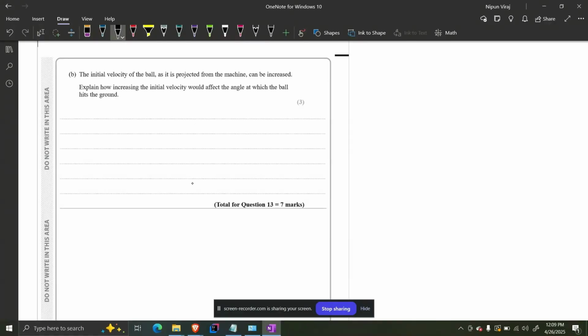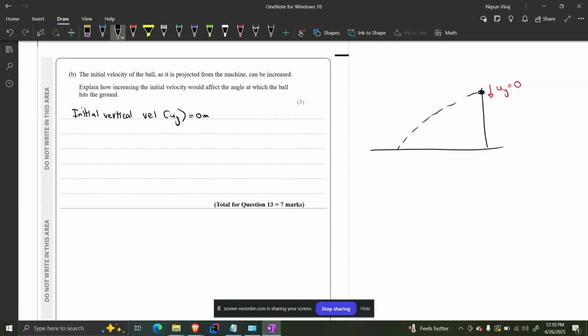Now, if we consider the ball like this, we know definitely that the initial vertical velocity, or simply uy, equals 0.